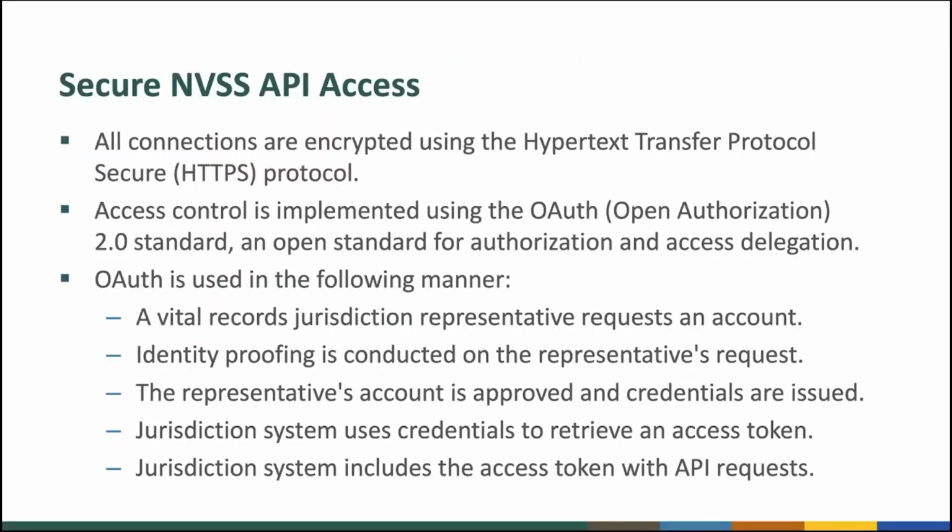Starting to get into some more of the details about the API itself, one question that's come up in the past is what will be the approach for securing this API? All connections are encrypted using the Hypertext Transfer Protocol Secure, which essentially uses the SSL or TLS protocol. This is the same type of security that you get when, say, you're using a web browser connecting to a bank.